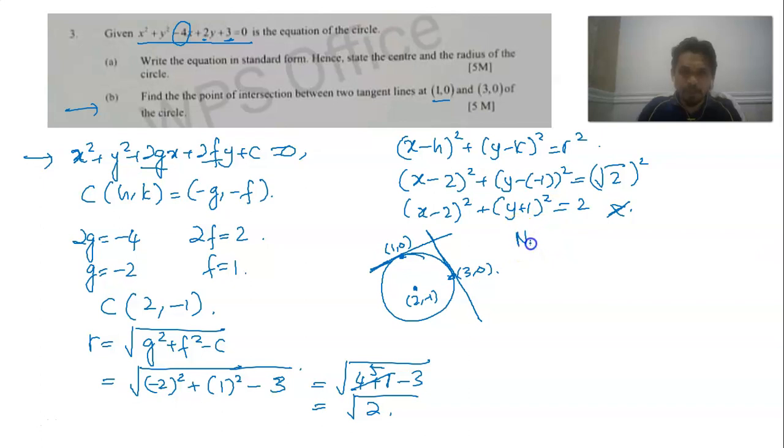So gradient of normal 1, which is negative 1 minus 0 divided by 2 minus 1. Negative 1 divided by 2 minus 1 equal to 1, which is negative 1. Okay, and gradient of tangent multiplied with gradient of normal equal to negative 1.